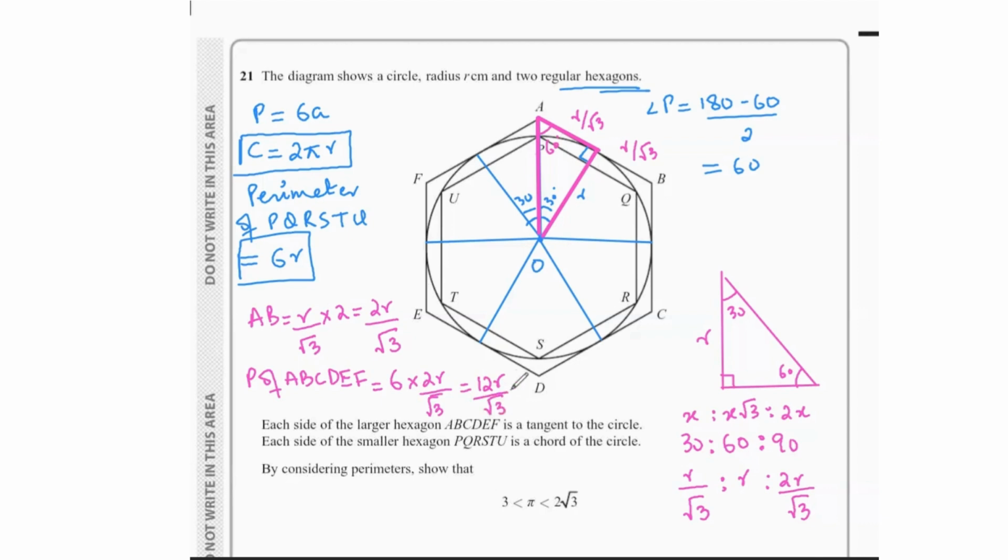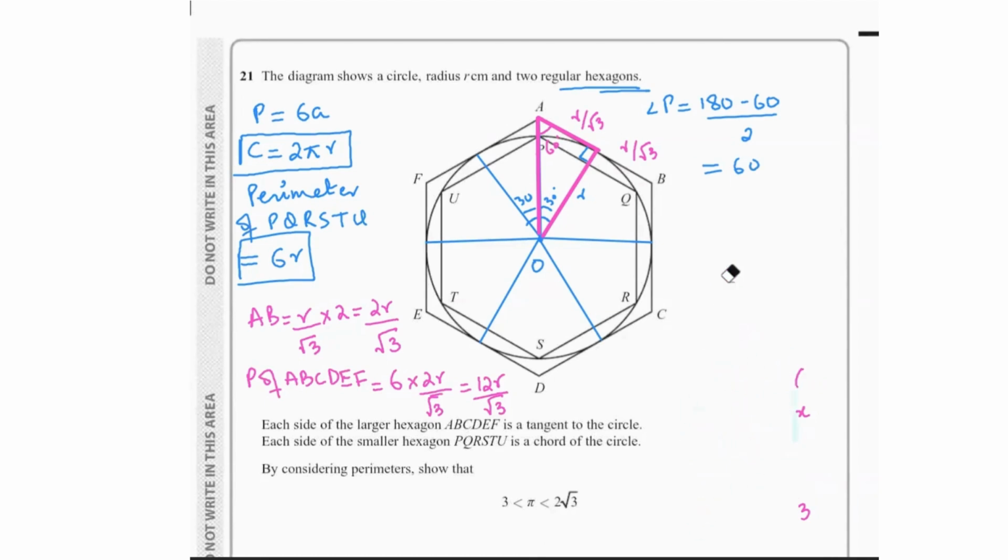So we have an expression for all three. For the circumference, it's 2 pi r. For the smaller hexagon, it's 6r. And for the bigger hexagon, it's 12r over root 3. So now I'm going to use these to create this inequality and then solve to get the final answer as given in the question. So the bigger hexagon, 12r over root 3.